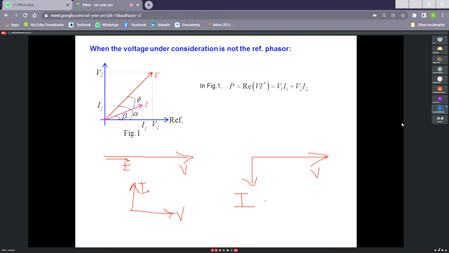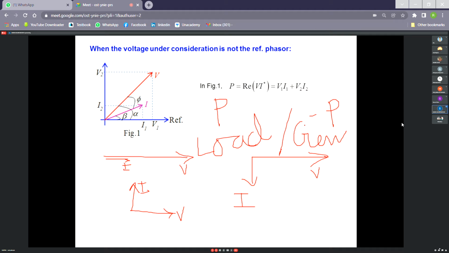And along with that, all these may happen for load, as well as for generation, right? Now, if you take load power as positive, then you have to take generator power as negative, because load and generator are opposite in sense.